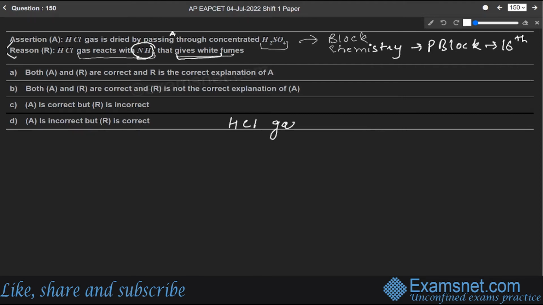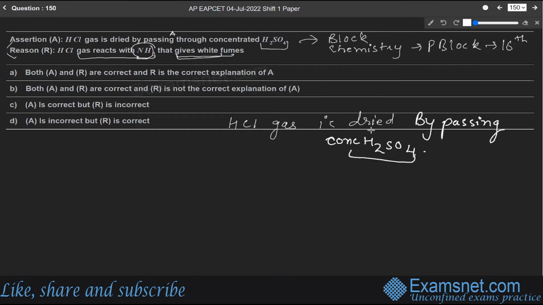How do you dry HCl gas? HCl gas is dried by passing through concentrated H2SO4. Now, when you talk about H2SO4, it has a great affinity for water.